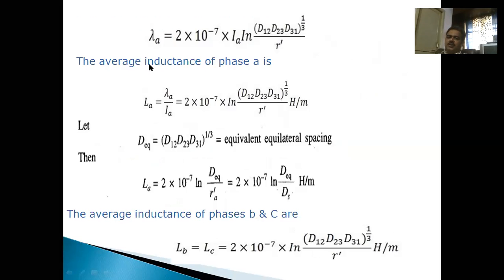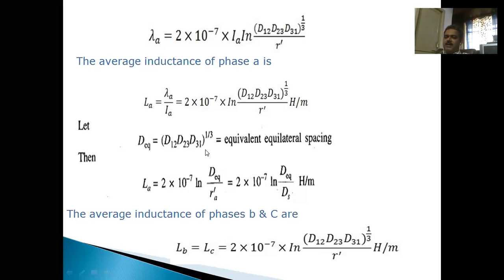Now the average inductance LA is equal to lambda A by IA. So now divided by the current passing through that conductor gives the total average inductance of phase A. So many henries per meter. So this can also be written as D equivalent. What is D equivalent?